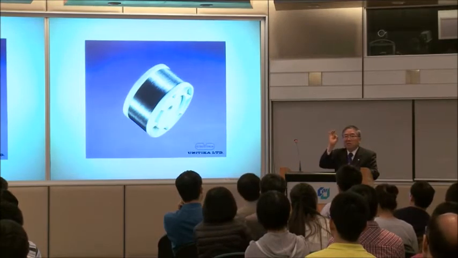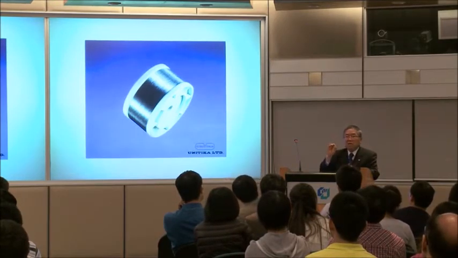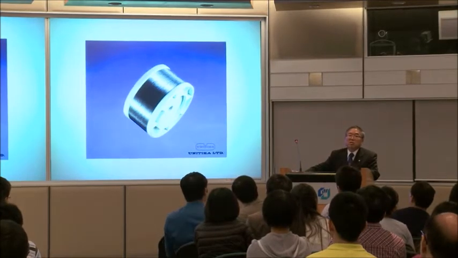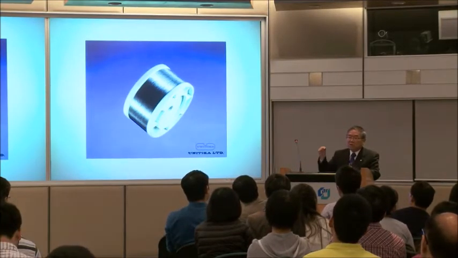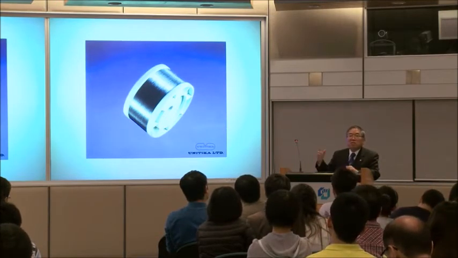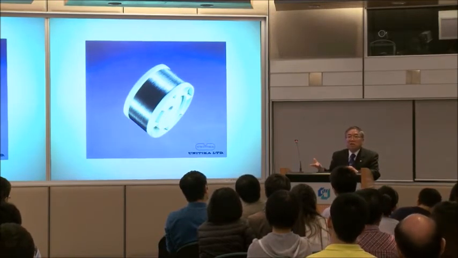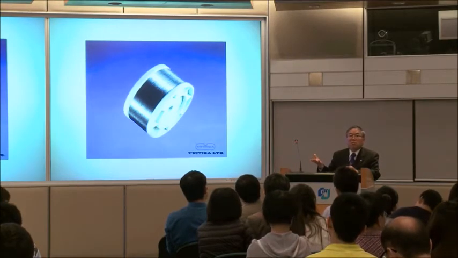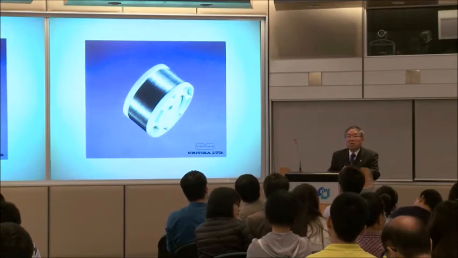That's why the critical diameter, or critical thickness, is very important. If you reduce the critical thickness to about 20 micrometers, you can get the very high cooling rate of more than 100,000 Kelvin per second.